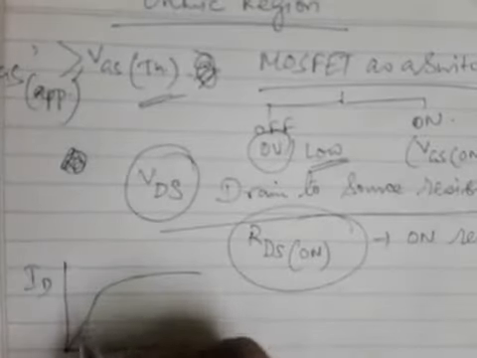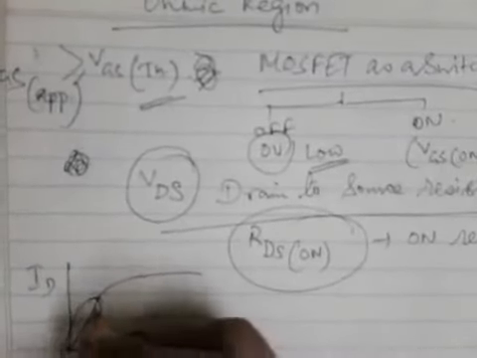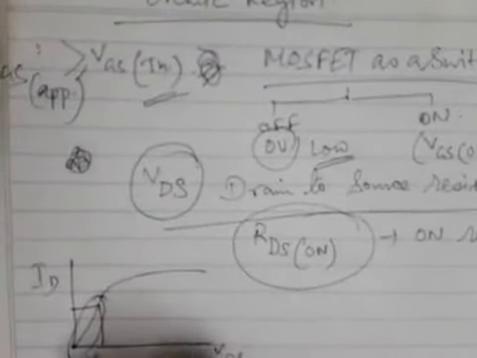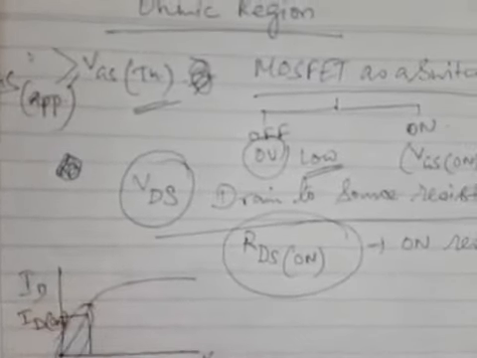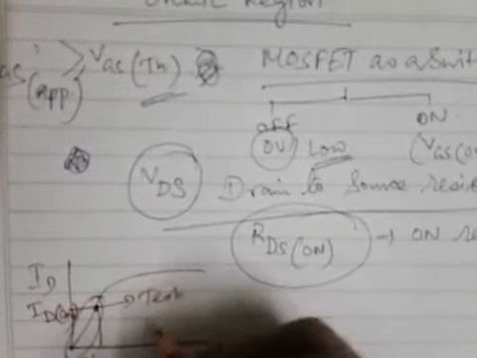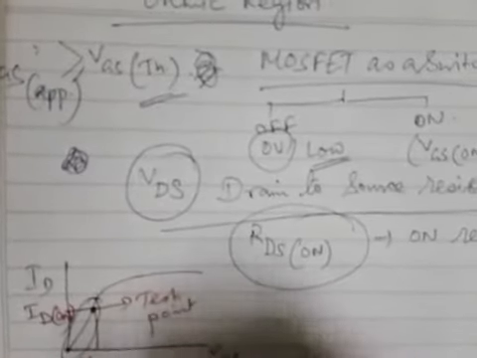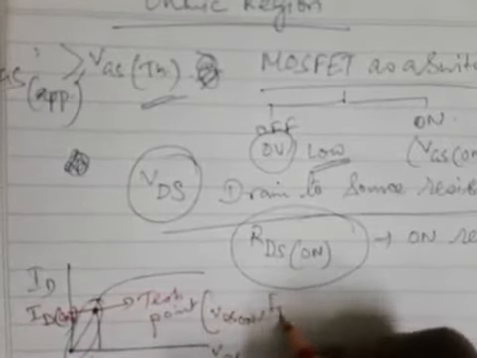Now if we specify this area, suppose this has a value of voltage and this has a corresponding value of current, so this is the VDS on value and this is the ID on value, the corresponding drain current value, in this linear portion of the curve. And suppose this point is called a test point, whose coordinates are specified as VDS on, ID on.